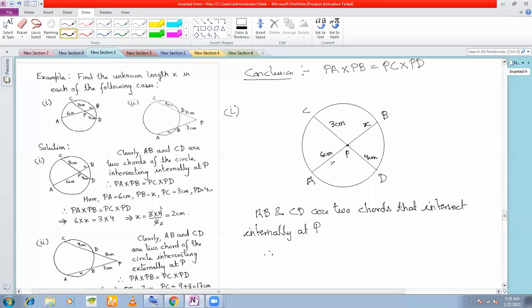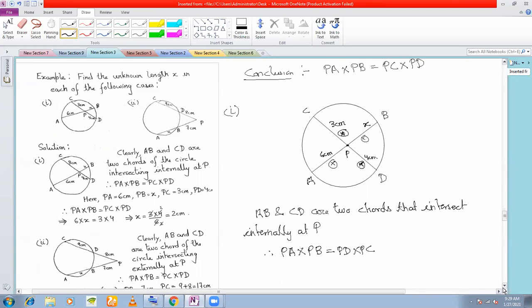So this segment PA into this segment PB must be equal to this segment PD into this segment PC.